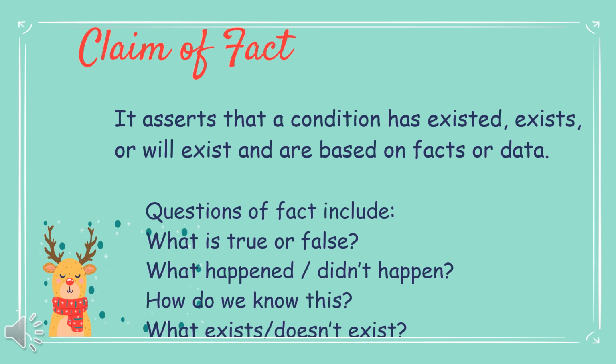And these are the questions which will help you identify, so we can categorize it under claim of fact. We have what is true or false, what happened or didn't happen, how do we know this, and what exists or doesn't exist. Remember, class, when we are talking about a claim, it should still be debatable.